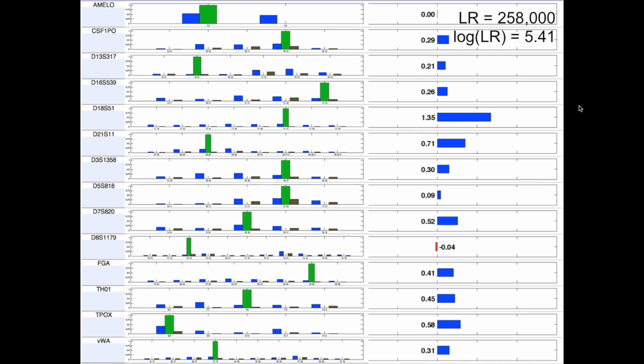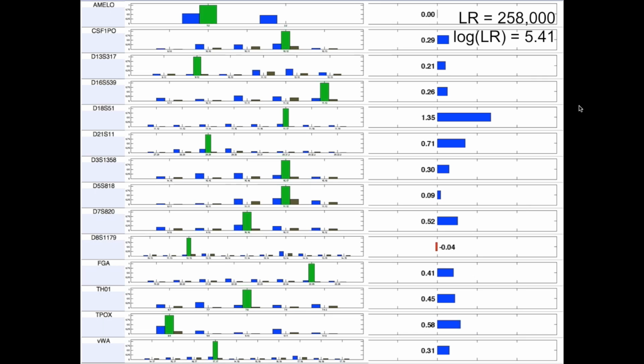Now, doing this at all the loci, we see in this interface that every row is showing the posterior distribution for the locus as a blue bar chart, the prior distribution as a brown bar chart, and the suspect's genotype of where we're going to take that ratio indicated with a green bar.